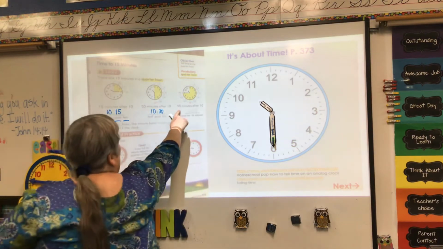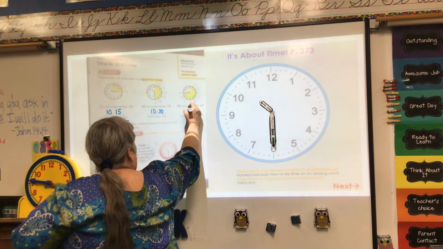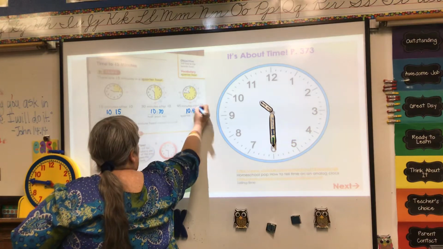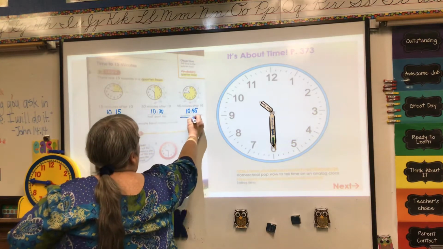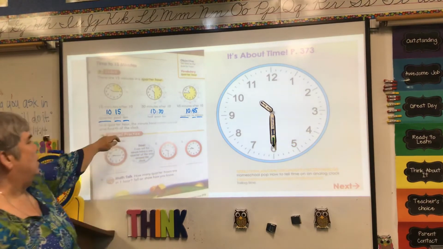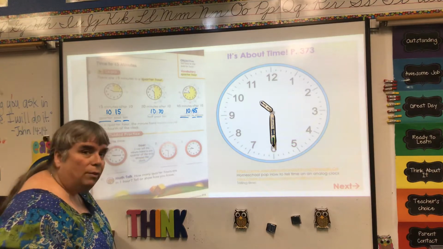So it is 45 minutes after 10, or if we were to write the time, that's 10:45, 1/4 to 11. In a quarter hour, the minute hand moves around 1/4 of the clock.